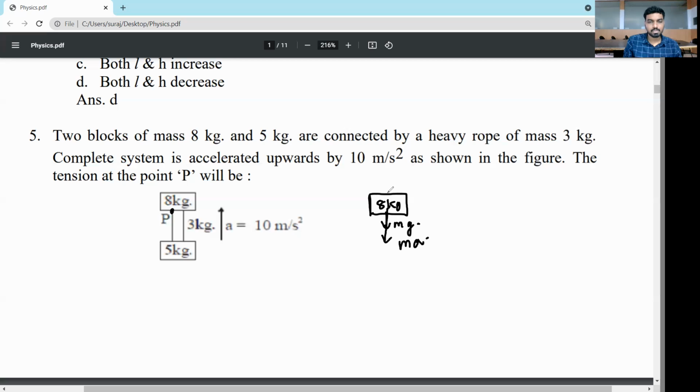Let's say there is some tension T1 upwards. P has to hold the rope of 3 kg and the 5 kg, so total 8 kg.